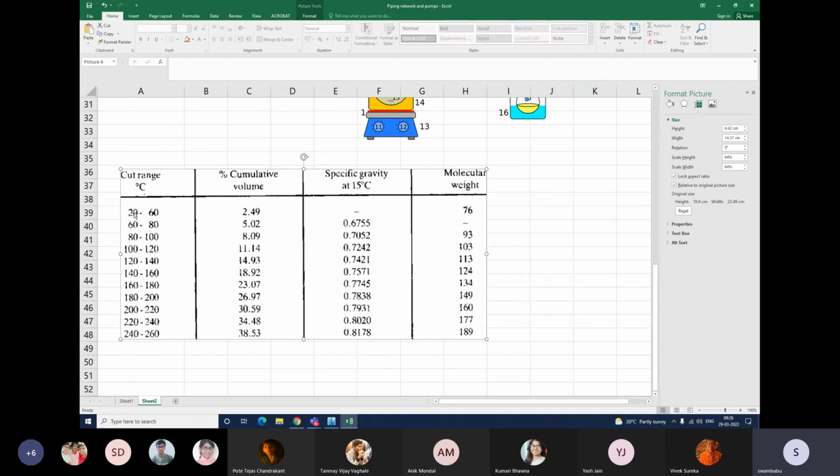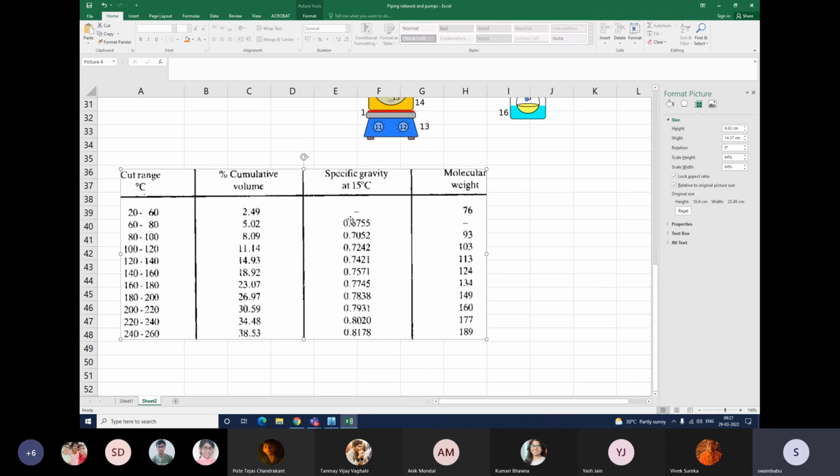Between 22 and 60 degrees centigrade, 2.49% got vaporized or condensed. Between 60 and 80, 5.02% got collected. 80 to 90, this much is collected. Like this, as the temperature ranges, we get the percentage amount of crude oil vaporized.